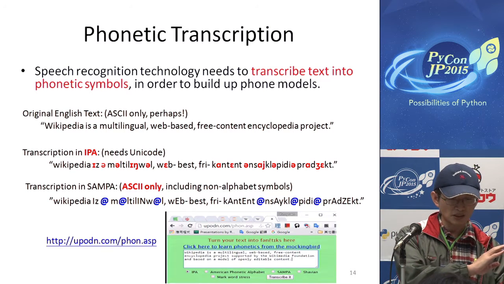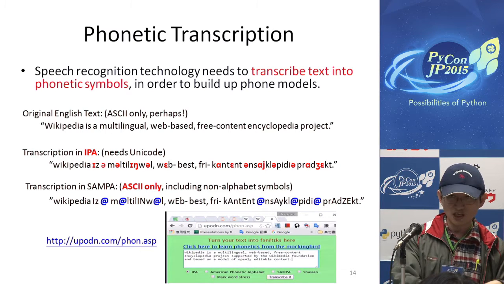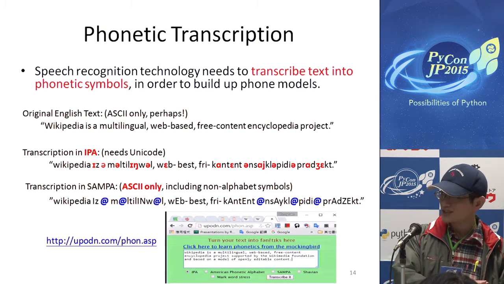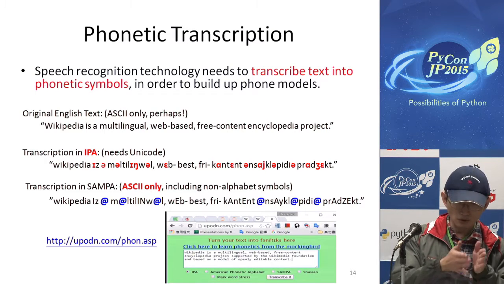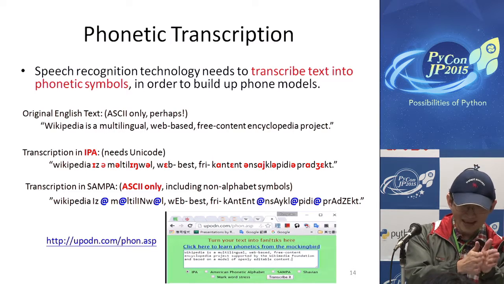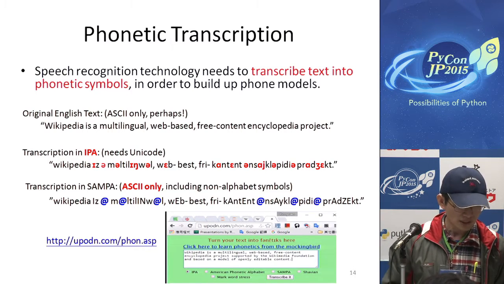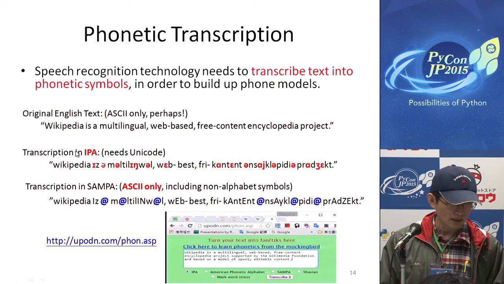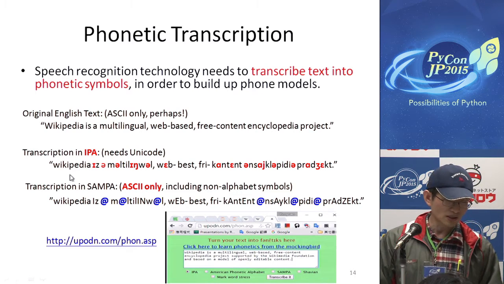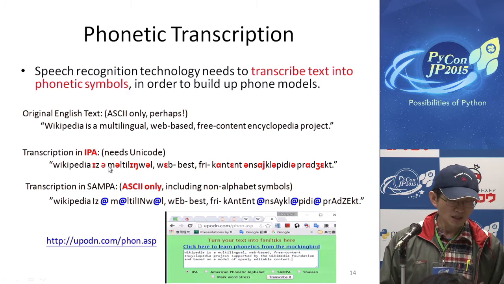I just take English as an example, but it can be, for example, Japanese, or Chinese, or something like that. So first of all, we need to convert the word or text to a sequence of phonetic symbols. Original text like this, Wikipedia is multilingual, blah, blah, blah, and then transcribe into phonetic symbols. Here we just use IPA.